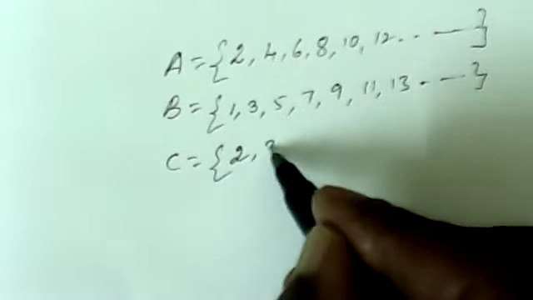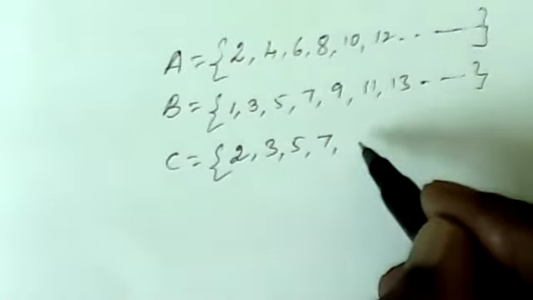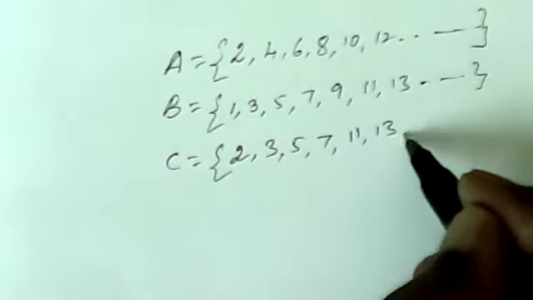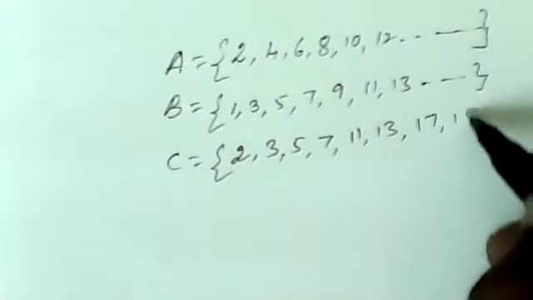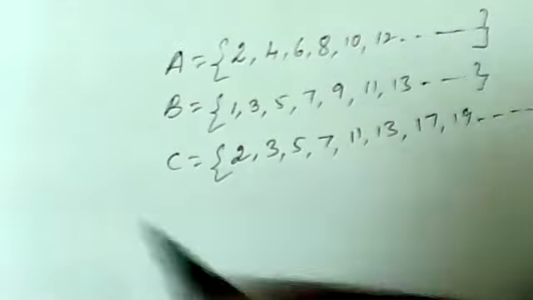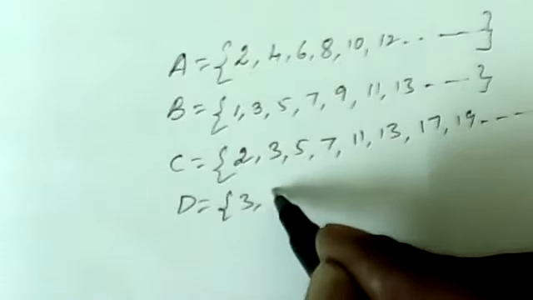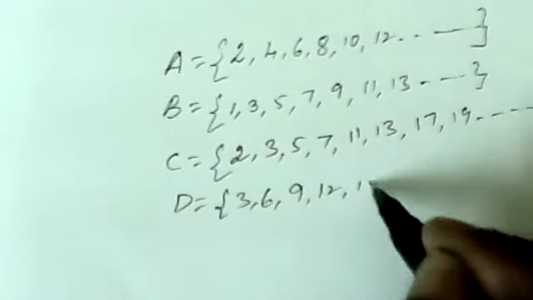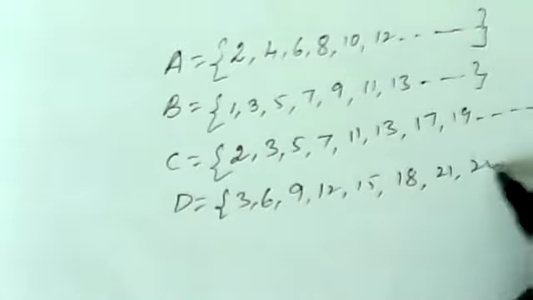So 2, 3, 5, 7, 11, 13, 17, 19, and so on. And D, multiples of 3: 3, 6, 9, 12, 15, 18, 21, 24, and so on.